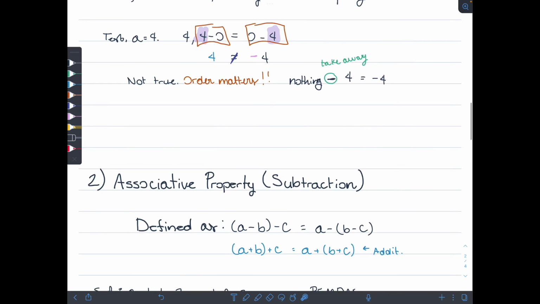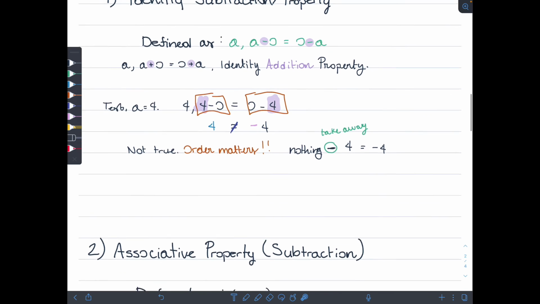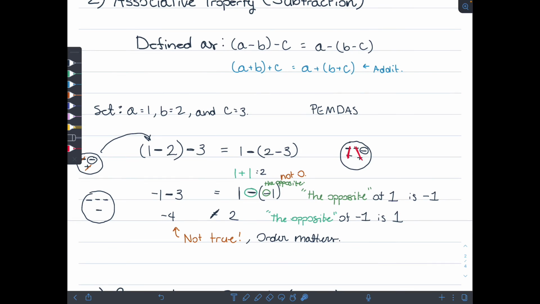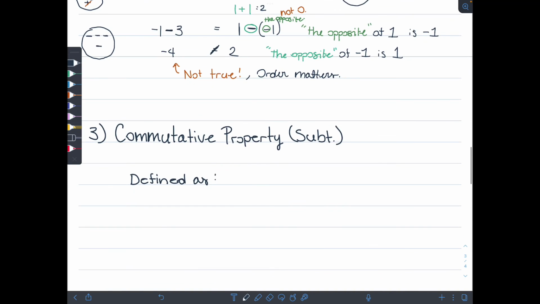Not to say that this entire property, and the same thing with the identity property, is just sometimes negative or positive. That one's just not true. Order matters. Let's go to the next one.